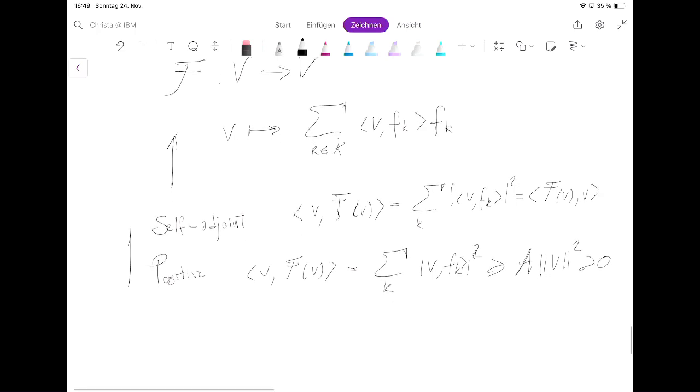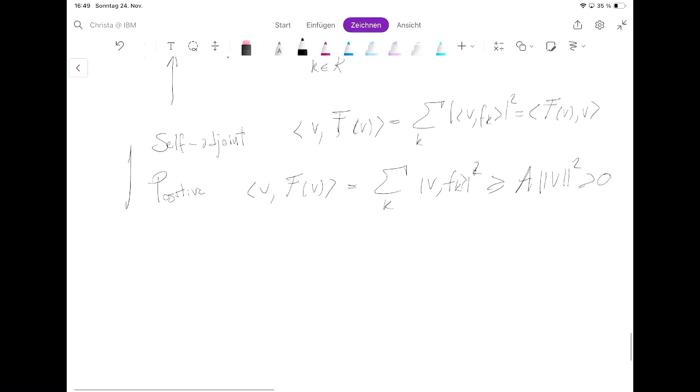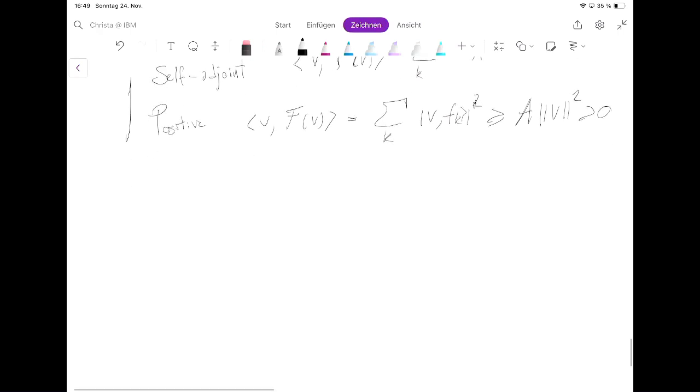So since this is self-adjoint and positive, it's invertible, and I will claim that the set of all vectors in V defined as F to the minus 1 of Fk is a valid dual set. This is a valid set of duals for the frame F.